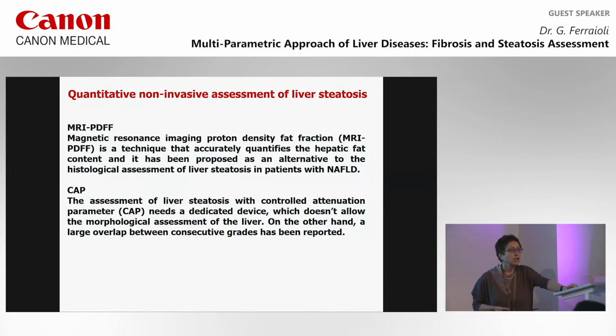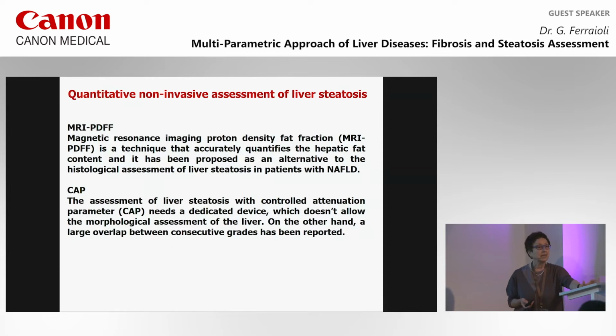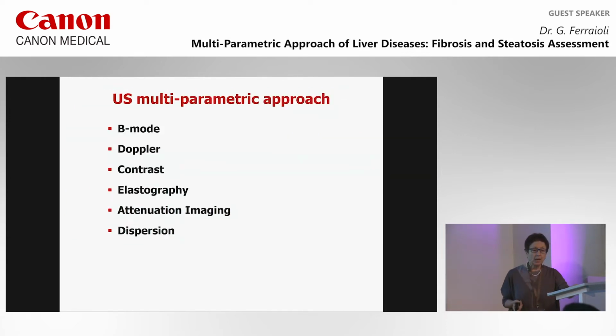And also the availability of controlled attenuation parameter. Controlled attenuation parameter has been available for 9 years on the FibroScan device. It needs a dedicated device, no image is obtained. And all the studies that have been performed using the CAP have shown that there is an overlap between consecutive grades of liver steatosis.